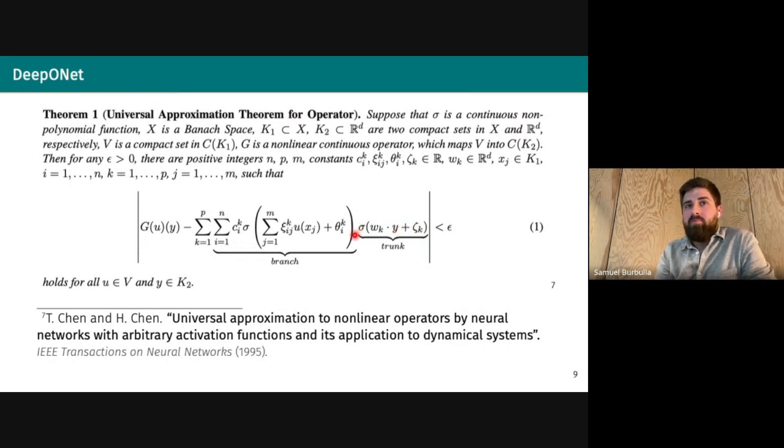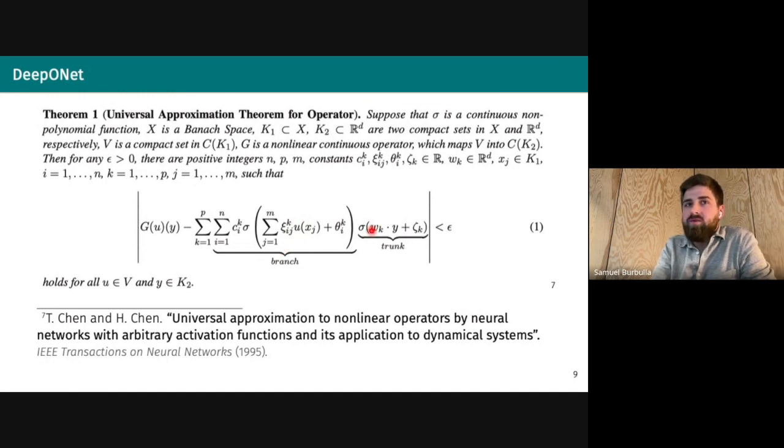And this is a product summed over all indices k. So basically we have two vectors here. The first part, which they call branch, and the second one, which they call trunk, because the second part is only dependent on y, and the first one is dependent on u, basically. And then this is a scalar product of these two vectors.